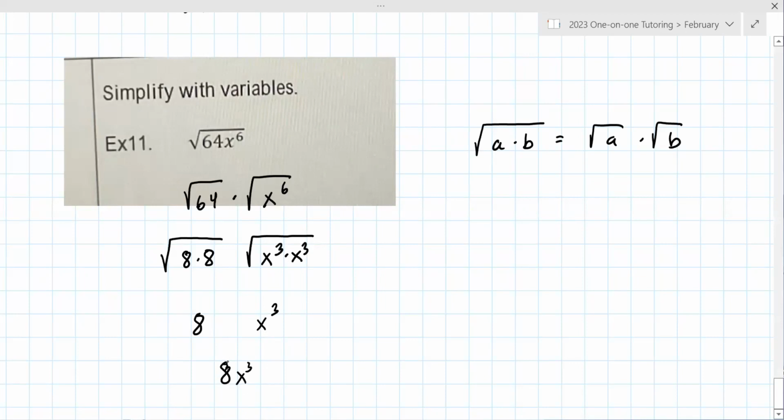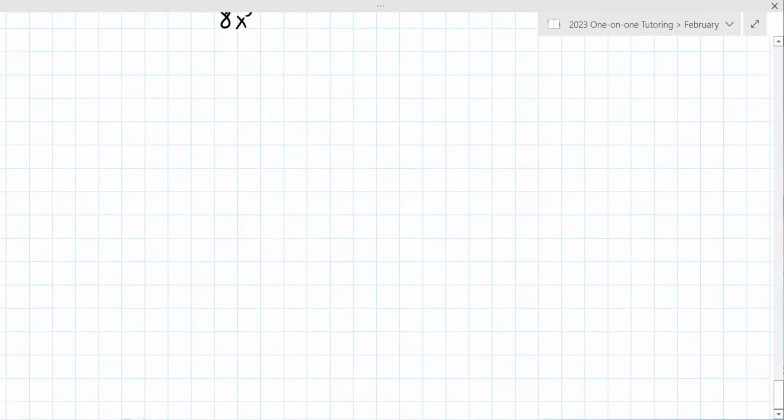We should spend a little more time talking about this. So let's say I asked you to do the square root of 100 x to the 4th. So this is really the square root of 100 times the square root of x to the 4th.